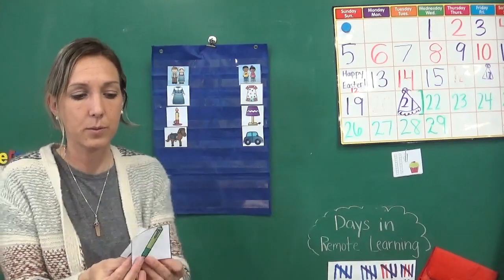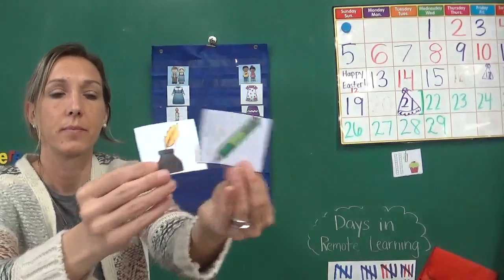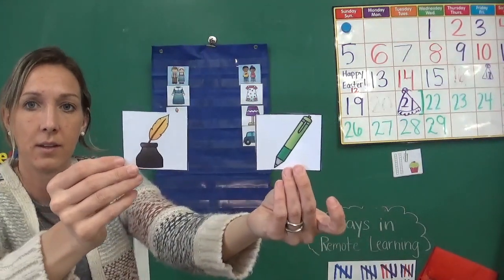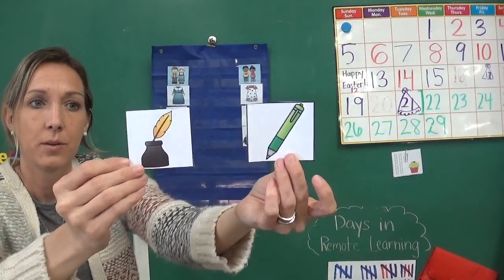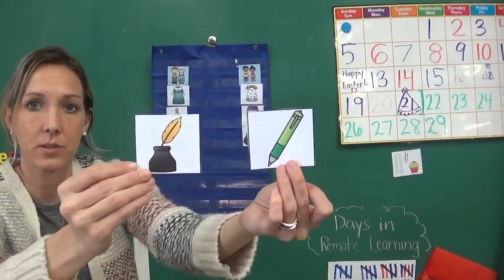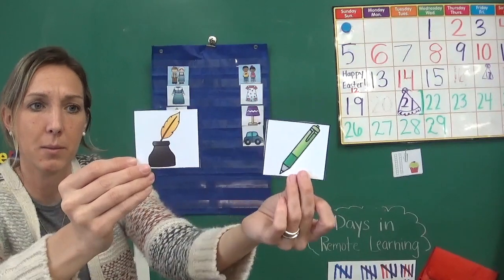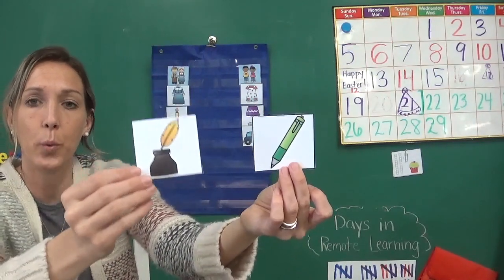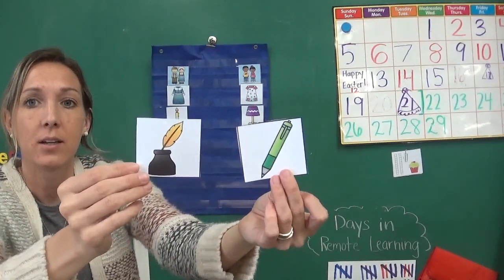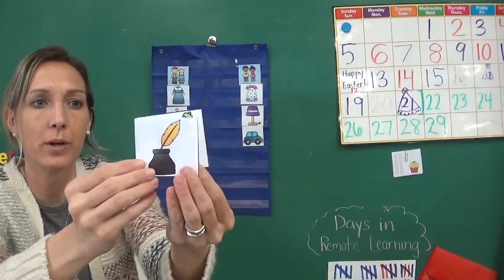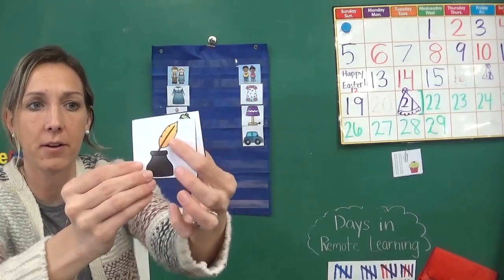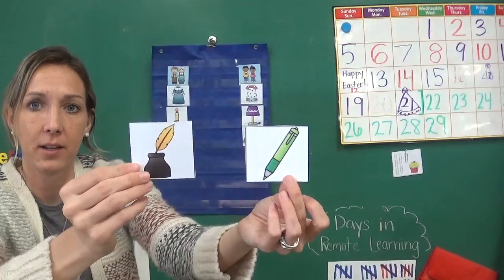This is our last one to take a look at. These are writing utensils, things that are used to write with. We've got the pen, and this is a quill pen. Say that. Quill pen. Good. And you can tell the quill is from a feather of a bird.